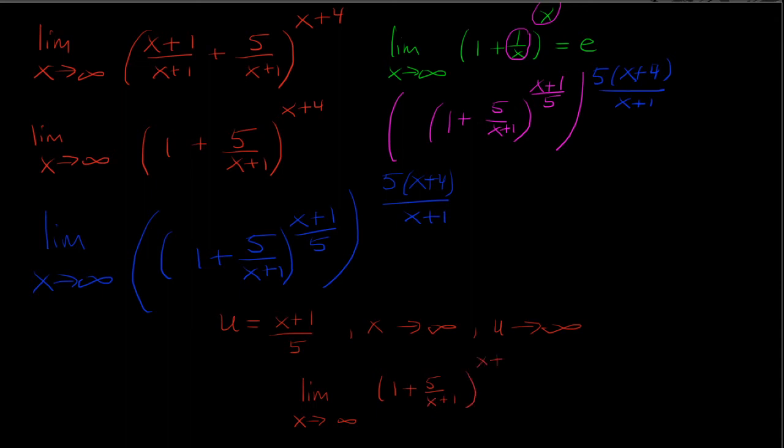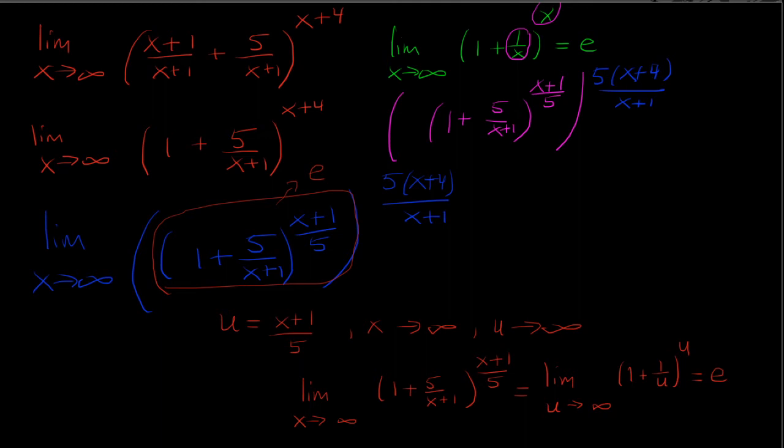I just want to convince you that this is the same thing as this, which is e. Okay. So in other words, this whole thing is e. Okay. So I showed all that work just to say that's e.